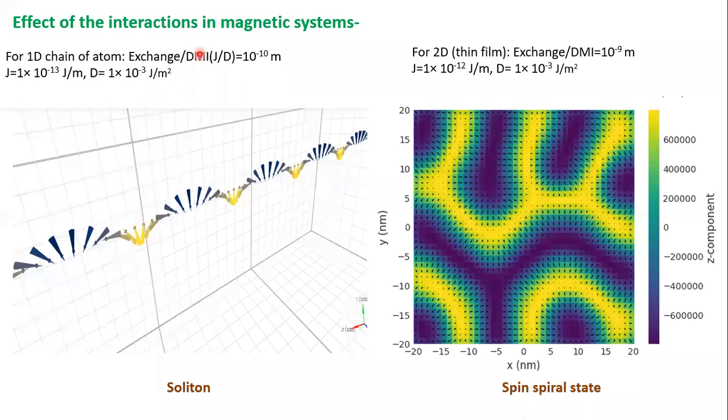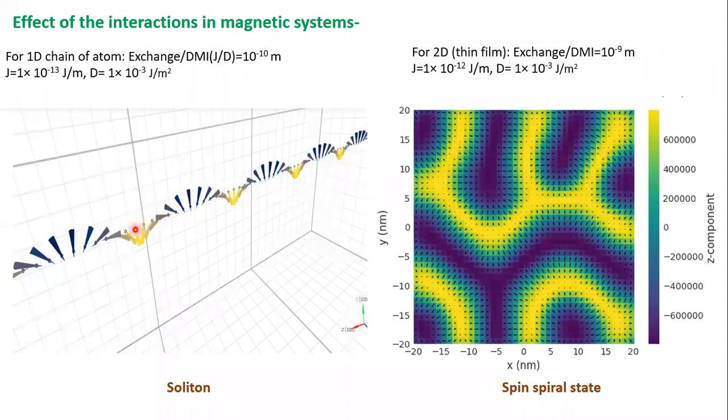Here I have taken only the exchange interaction and the DMI interaction, and this is the strength of the interaction. J means the strength of the exchange interaction, and D means the strength of the Dzyaloshinskii-Moriya interaction. Now if you move across the line, you can see their effect. You see the angle made by the second spin with the first spin continuously rotates.